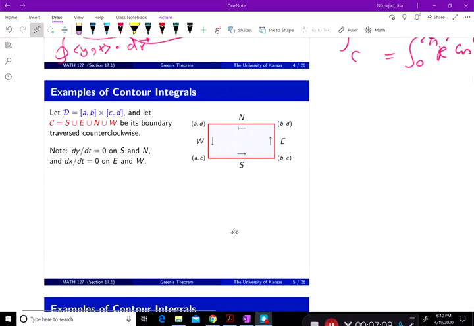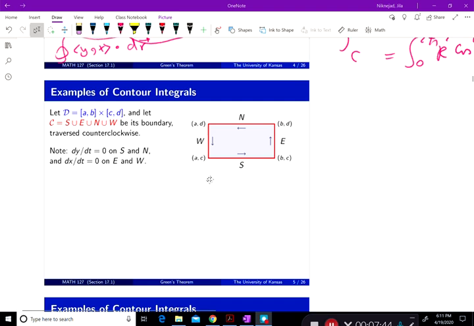Another example of contour integrals. Let D be the rectangle [a, b] cross [c, d]. Let C be the boundary of the region, which is made of four pieces: the bottom is S, the right side is E, then N, and then W. You notice that I'm going counterclockwise.